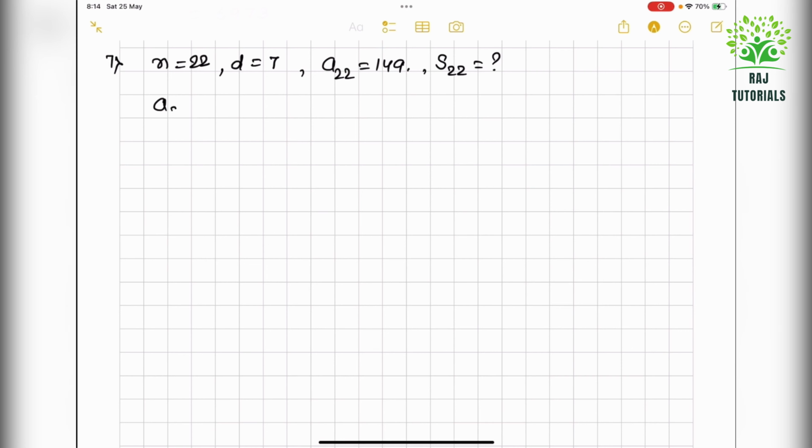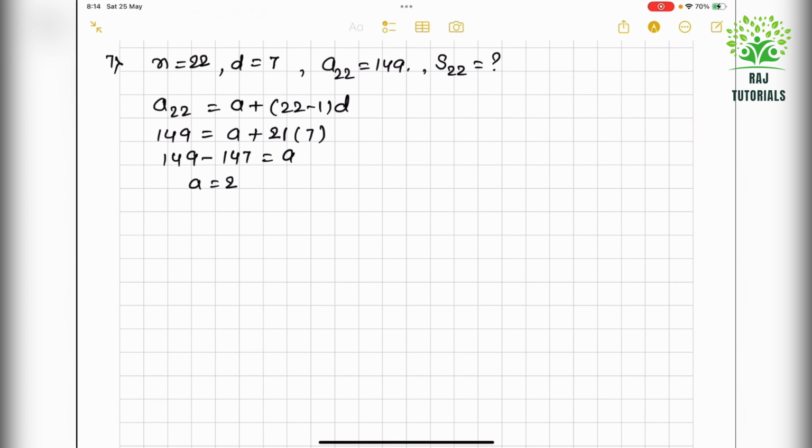So a22 will be a plus (22 minus 1)d. 149 equals a, I don't know, and 22 minus 1 will be 21 into d, which is 7. So 149 minus 147 will be a. So a equal to 2. So I got a equal to 2.